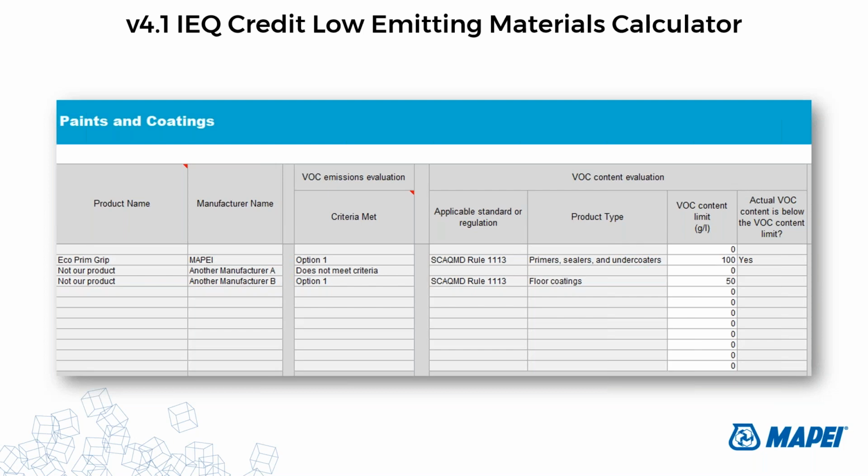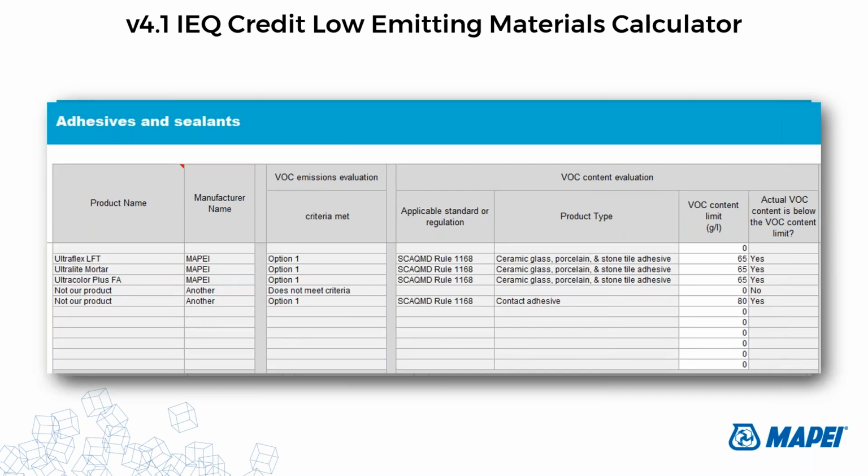And then once you select the product type, this LEED calculator auto-populates that ruling VOC limit for that type of product. So next you need to verify whether or not the VOC content is less than the auto-populated VOC content and mark it as yes or no.